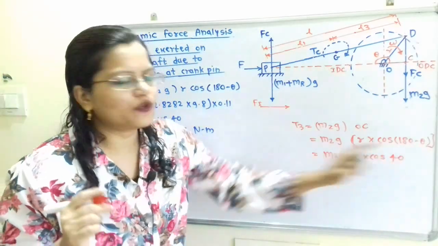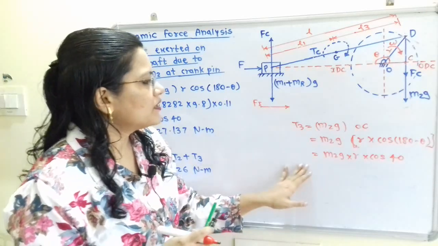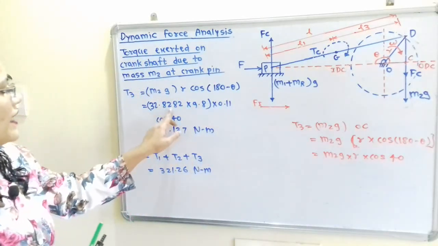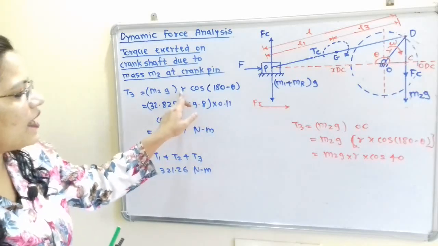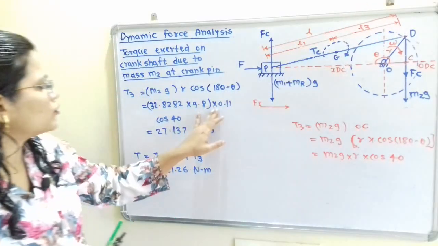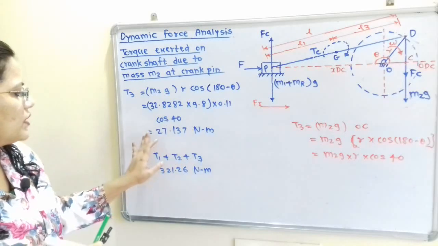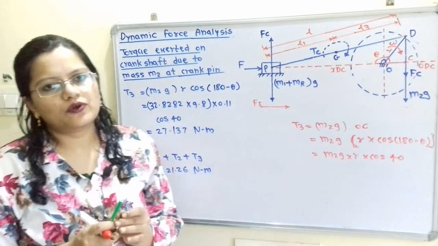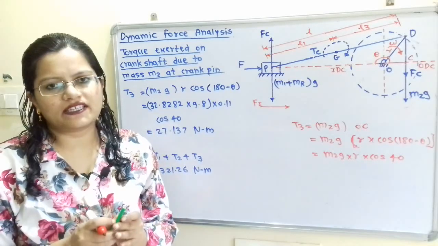So this is the formula that we have to use. Now when we put the value, that is M2 32.8282, G 9.8, R that is the crank radius 0.11, cos of 40, which is equal to 27.137 Newton meter.